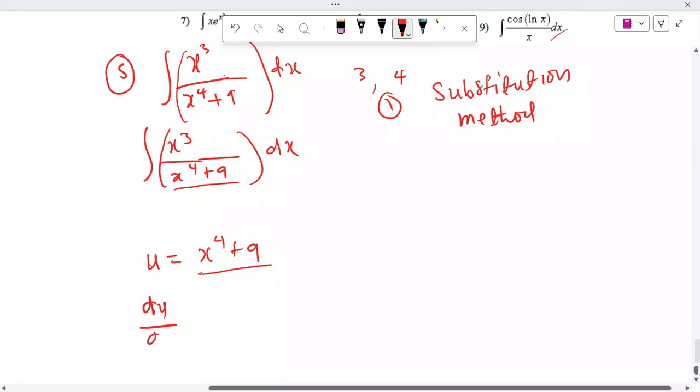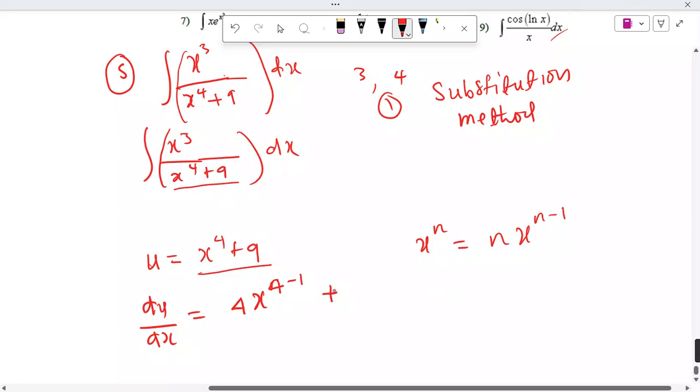So du dx, we are differentiating. If you are differentiating here, you say n x to the power n minus 1. So we say 4x to the power 4 minus 1. Then plus the derivative.